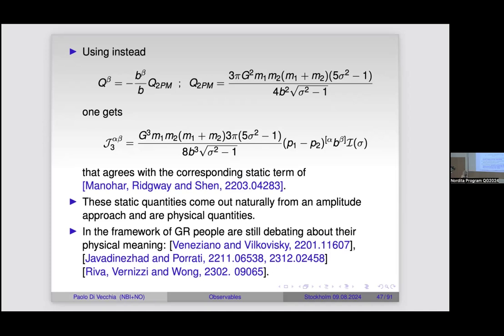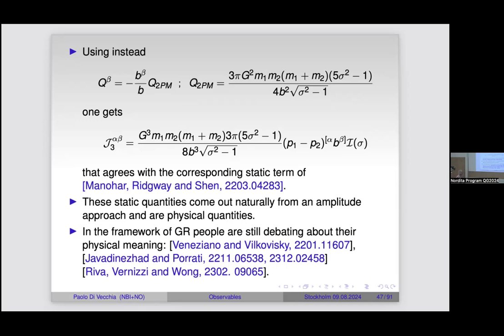So these static quantities come naturally from the amplitude approach and are physical quantities. In the frame of GR, people are still debating their physical meaning. They are debating how you define the angular momentum. You start with this paper.